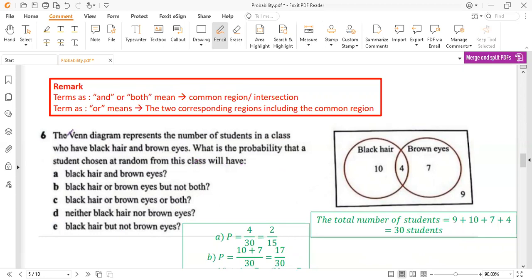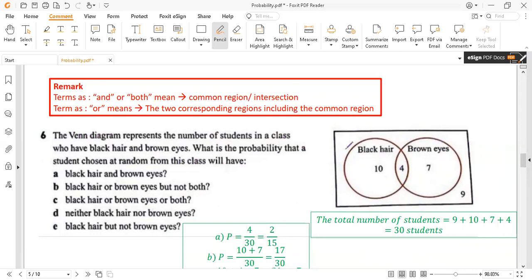So normally here we have the Venn diagram. The Venn diagram always represents how the results are distributed, based on different qualities. Here we are interested in the black hair and the brown eyes of students in a class.